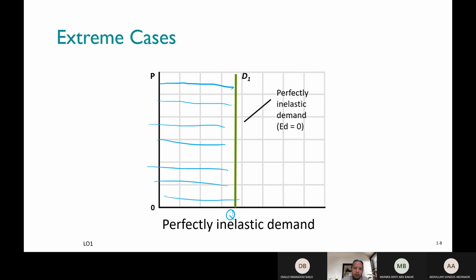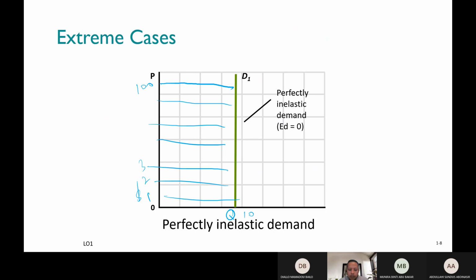For example, if it is sold at 1, the quantity is 10, and if it's sold at 2 or 3 or even 100, the quantity doesn't change. So in this case, the price elasticity of demand for this product is perfectly inelastic.